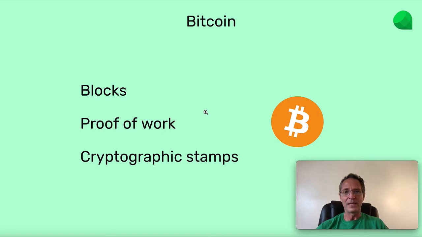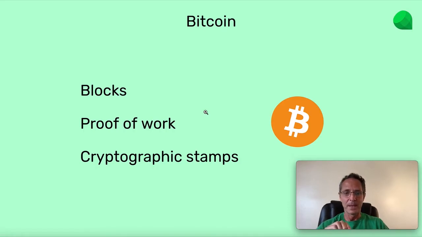And when they create this cryptographic stamp after 10 minutes of a lot of work by the miners, then they get all the transactions with a cryptographic stamp, and they send it to all the other computers in the network. And the other computers in the network receive this block. They verify all the transactions. They verify that the cryptographic stamp is genuine, in the sense that they have to do a lot of work to create it.